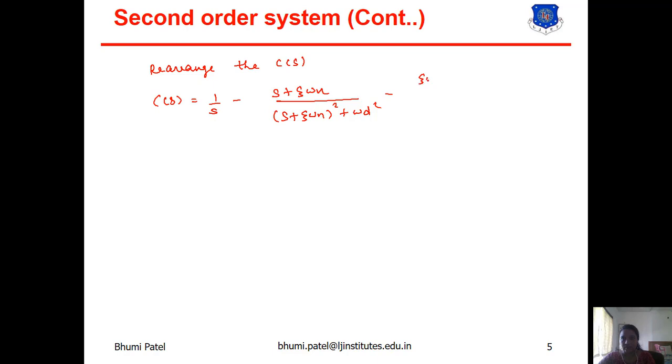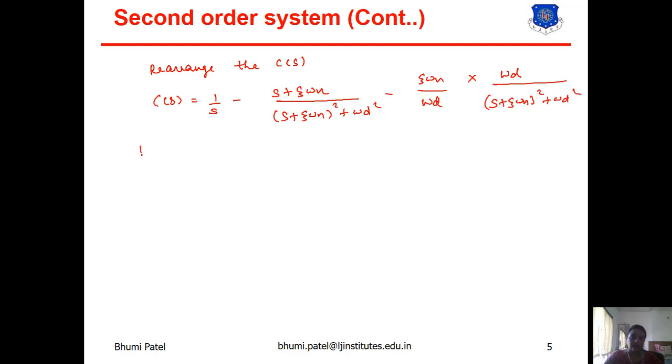So zeta omega n we can multiply with omega d and divide by omega d. So what we can get? Zeta omega n upon omega d into omega d upon S plus zeta omega n square plus omega d square.